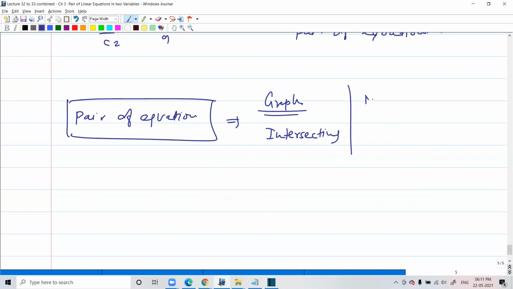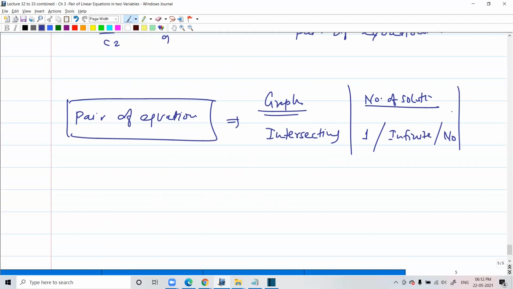Okay. Number of solutions. What is the number of solutions? Whether it is one solution or infinite solutions or no solution, any one of them. One, infinite, or no solution.